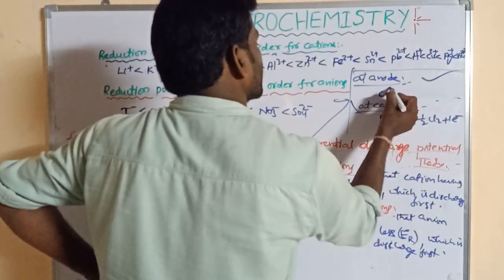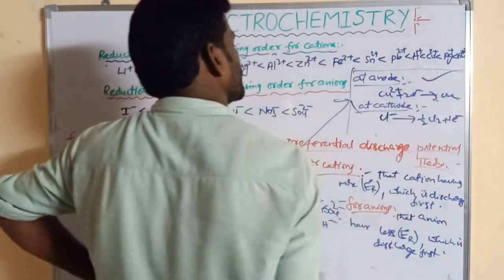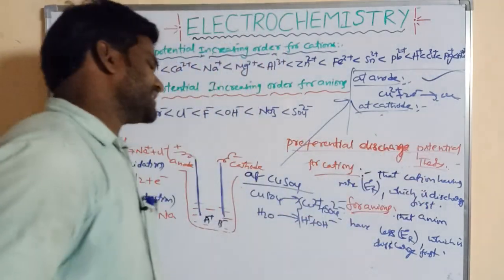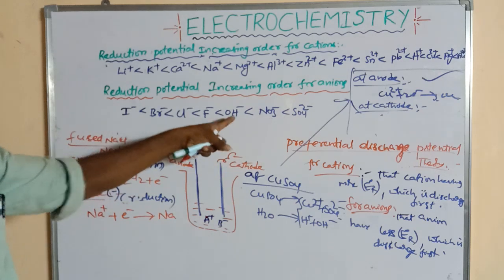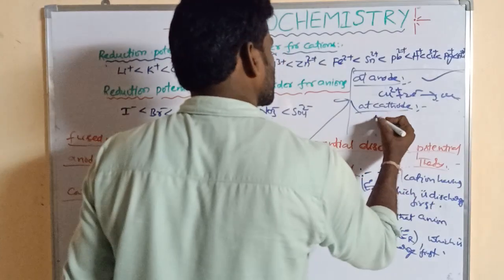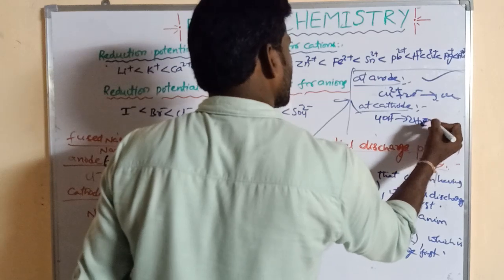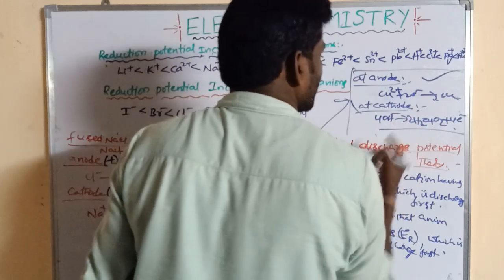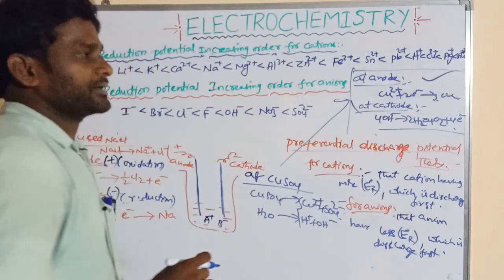Cu2 plus gains 2 electrons and gives rise to Cu. Of the two anions, SO4 2 minus and OH minus, OH minus has less reduction potential, so it is discharged first. Here 4 OH minus gives rise to 2 H2O plus O2 plus 4 electrons. This is the chemical reaction occurring at the anode.